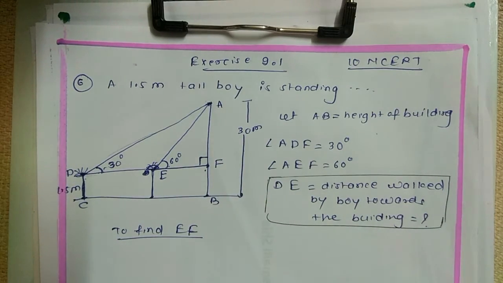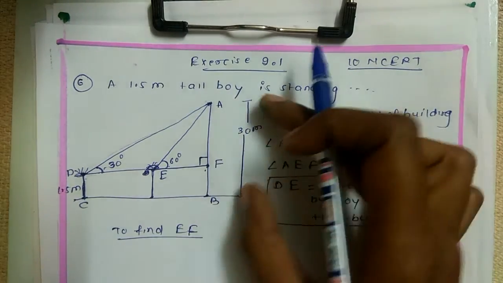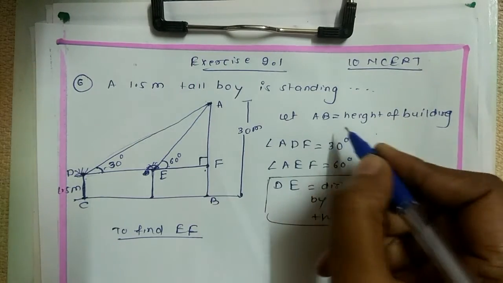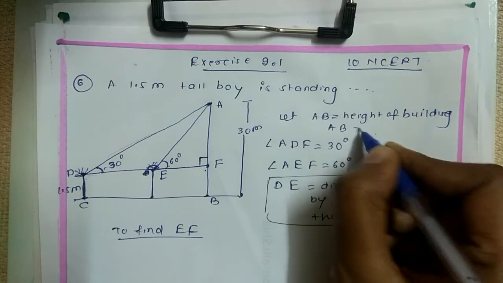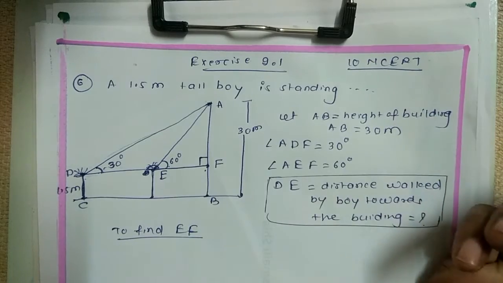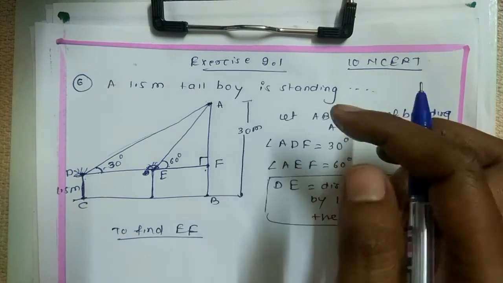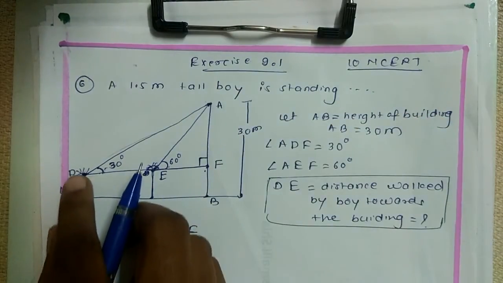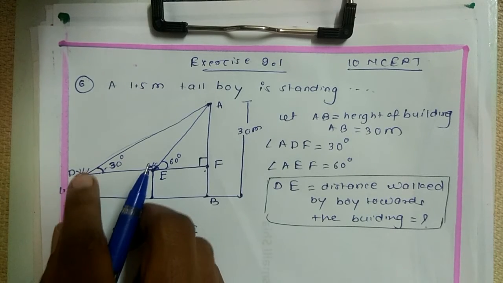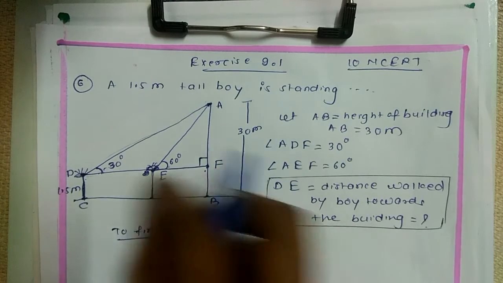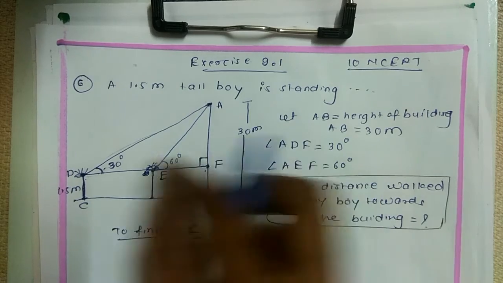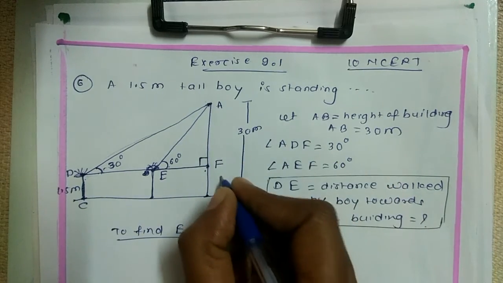AE we don't know. So AF we can find out because AB we have here as 30 meters. You can write down AB equals 30 meters. From this AB we can find out AF because we know that this DC, or CD, is nothing but BF, if you take it as parallel. We'll get this as 1.5.